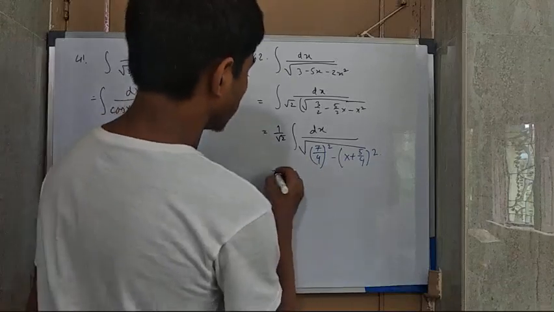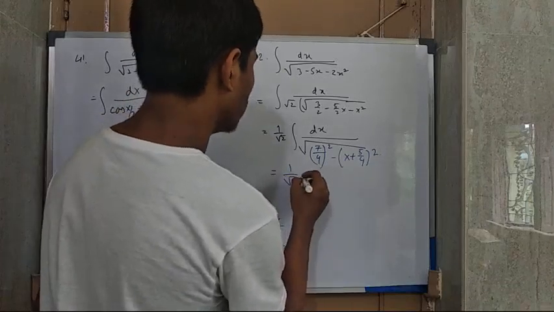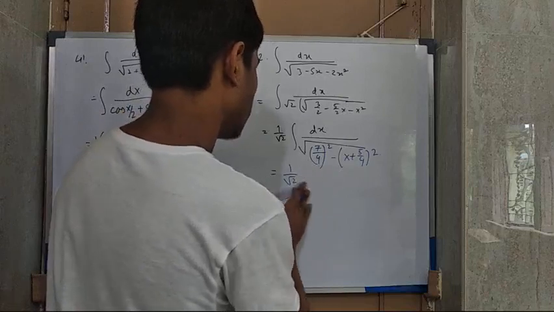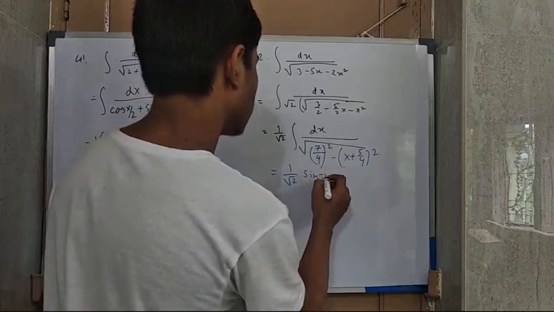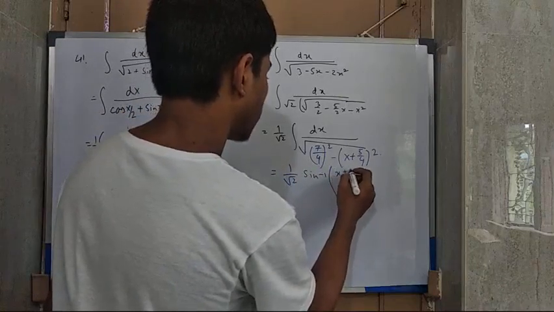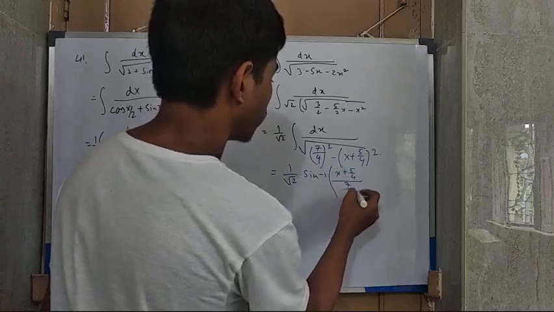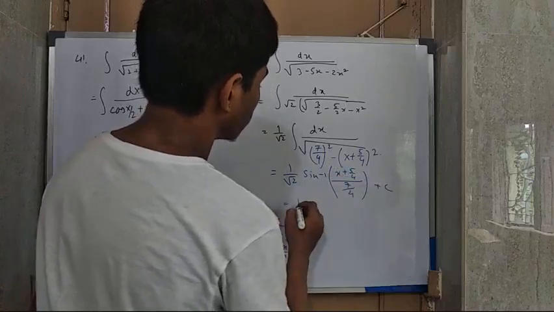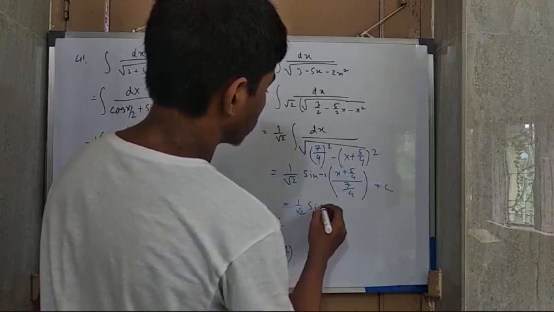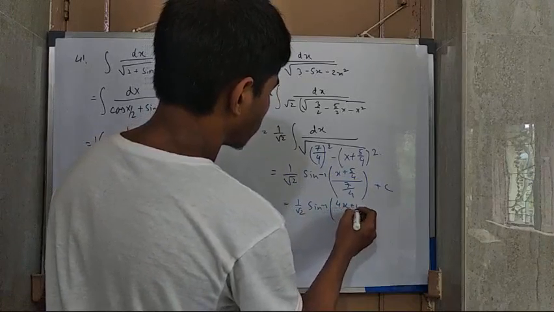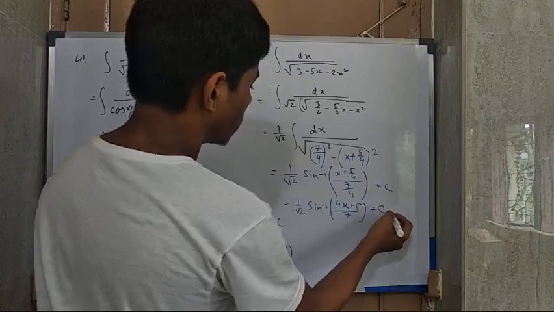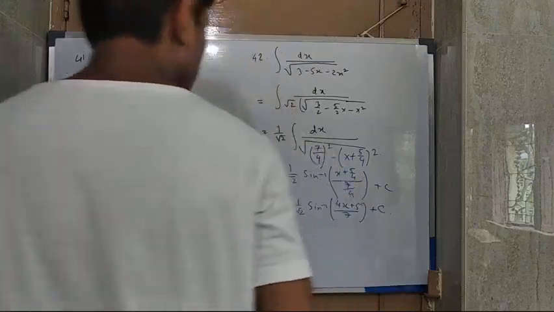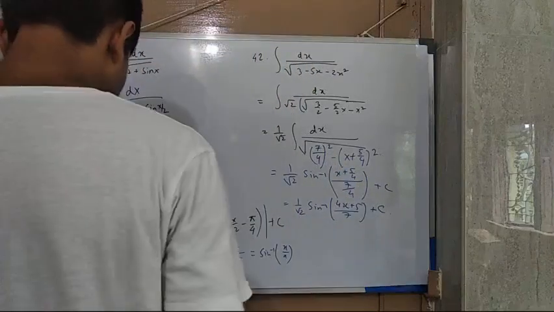Okay, so this is 1 by root 2 sine inverse of x plus 5 by 4 by 7 by 4 plus c, which is 1 by root 2 sine inverse 4x plus 5 by 7 plus c. Okay, so this is the answer for the 42nd question.